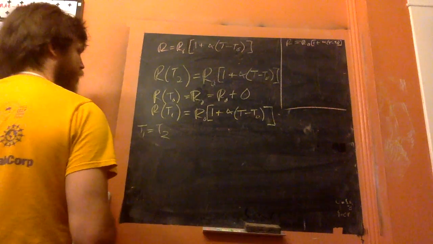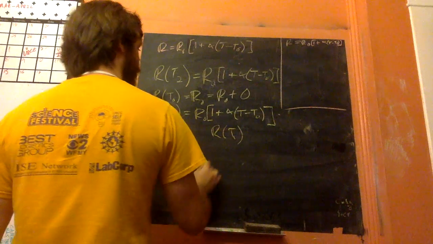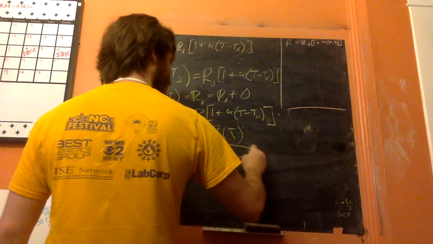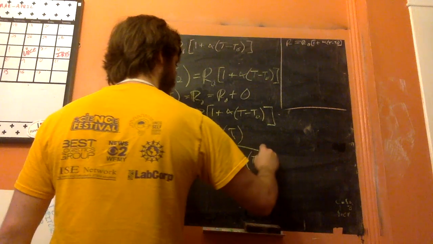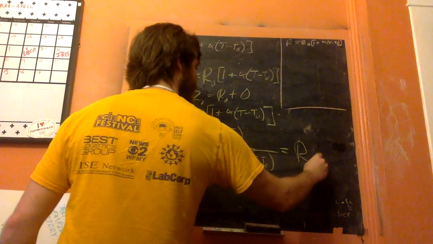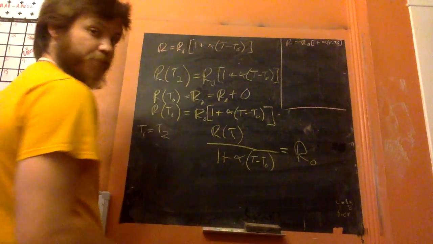So what we want here is that R of T1, which we're given, over 1 plus alpha, which we're given, times T minus T0, which we're given, is equal to R0. So what we want to solve for is that linear slope term.